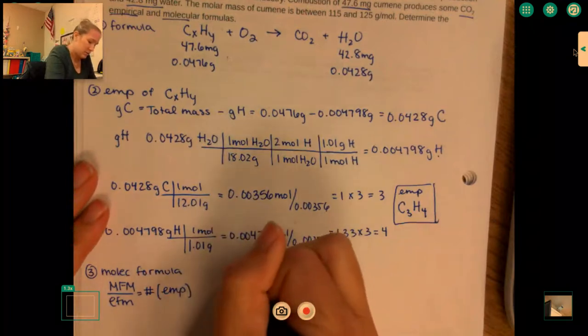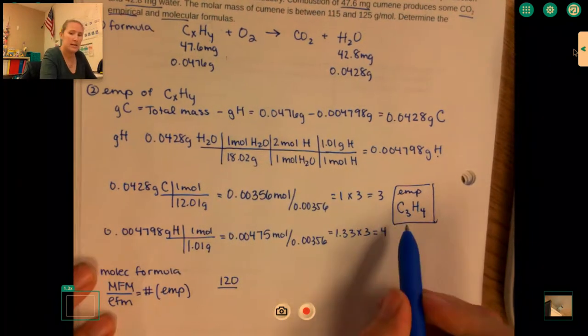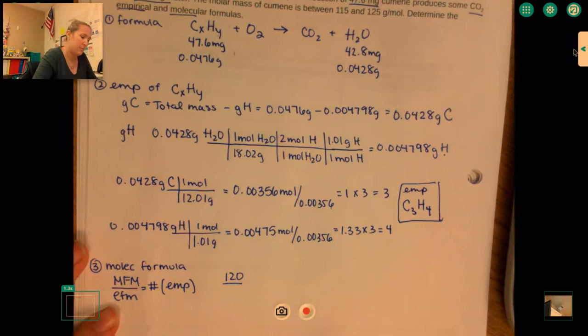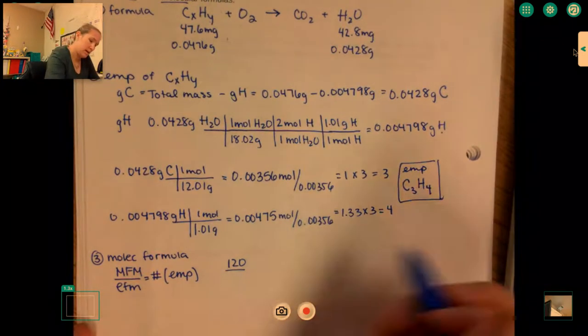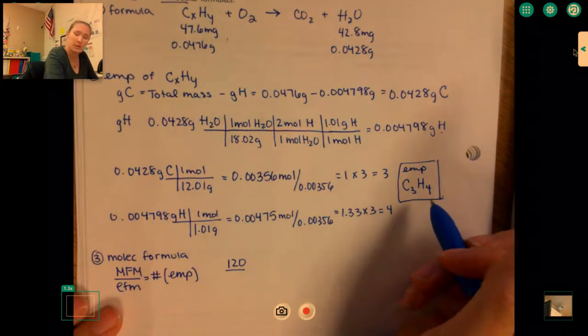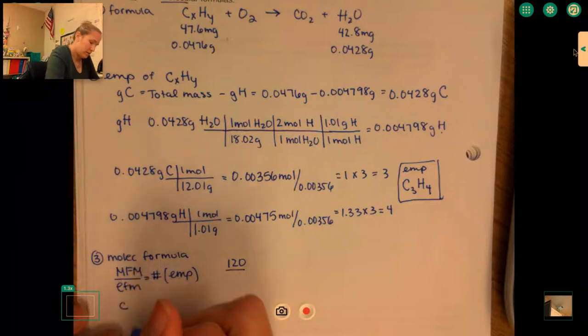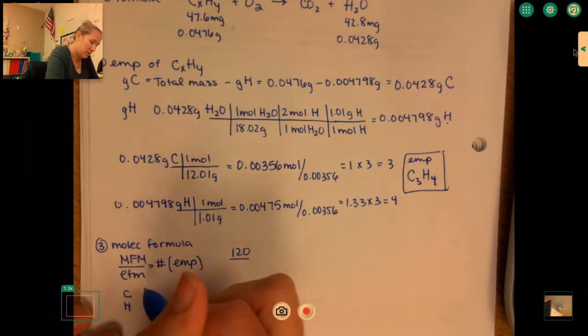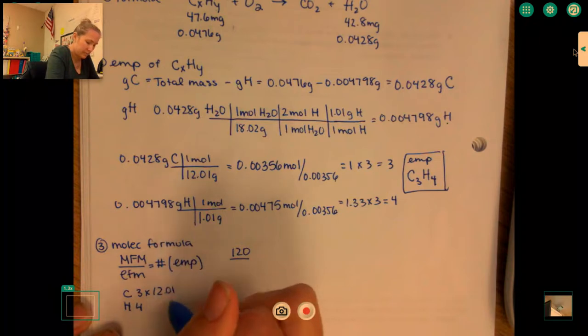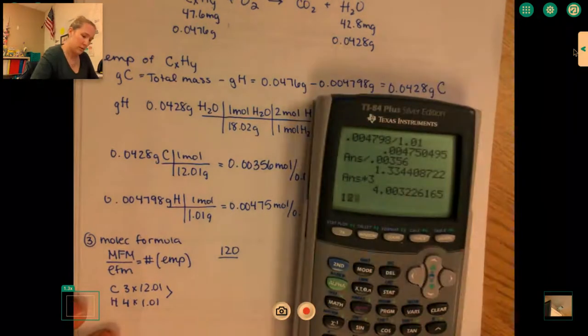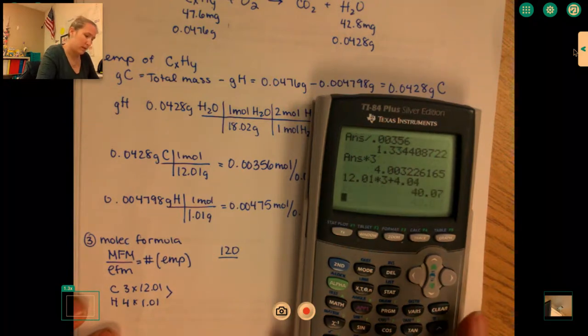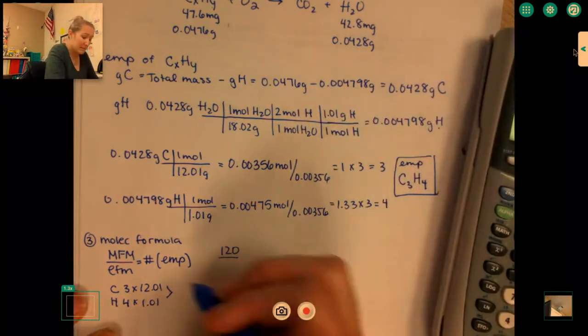So I'm going to have 120 on the top, and then I need to calculate my empirical formula mass. So carbons and hydrogens, 3 carbons, 4 hydrogens. So 12.01 times 3 plus 4.04 gives me 40.07, basically 40.